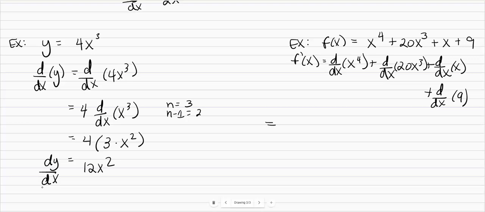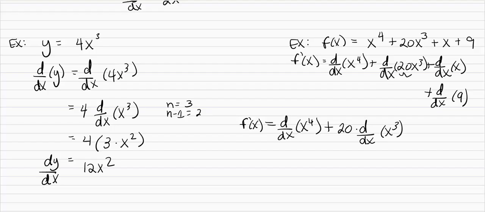Let's go ahead and simplify. So my f prime of x is equal to d over dx of my x to the 4th power, taking out my constant, that's 20 times d over dx of x cubed plus d over dx of my x plus d over dx of my 9.